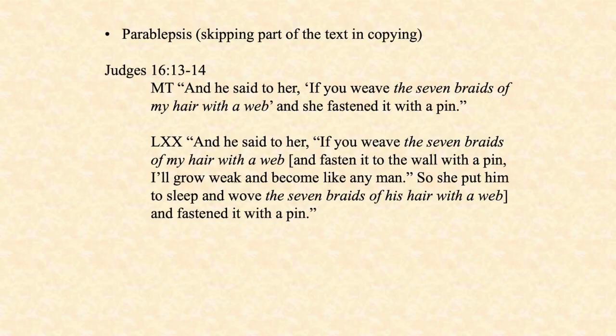He said to her, "If you weave the 7 braids of my hair with a web and fasten it to the wall with a pin, I'll grow weak and become like any man." So she put him to sleep, and she wove the 7 braids of his hair with a web and fastened it with a pin. So something has been skipped over in the Masoretic.